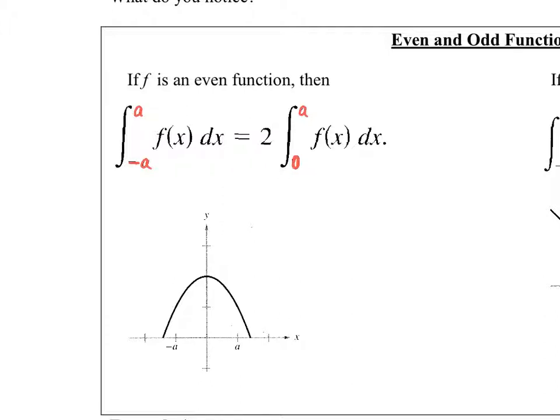As you can see here, this is going to be the same area as this. So we could just find this part and double it. That's what this is saying. Make sense? Okay.